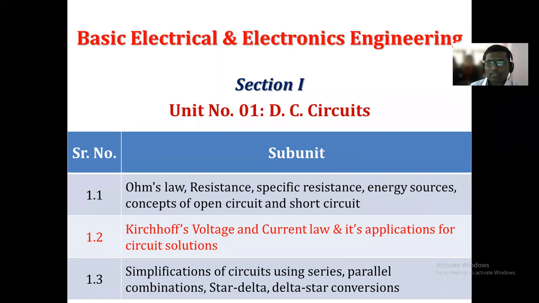As I said, the first section is related to basic electrical and the second section is related to electronics engineering. If you read it, in the first section, the first unit is DC circuit. What is meant by DC? Direct current.